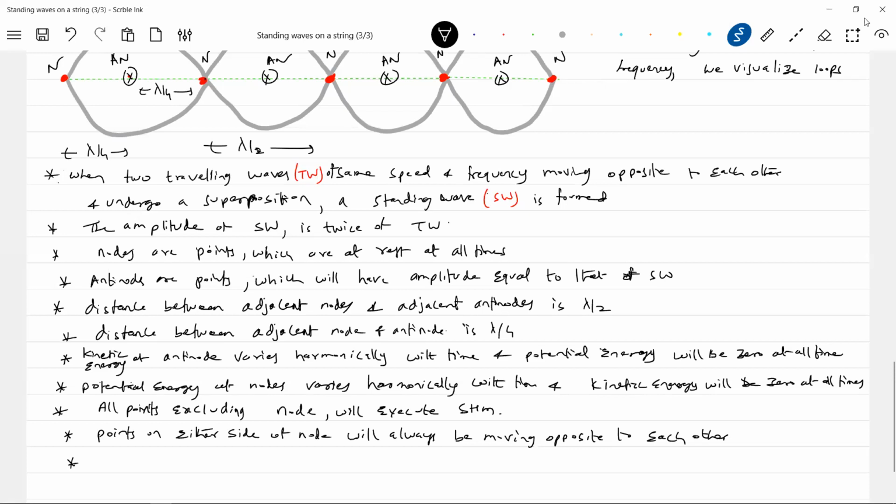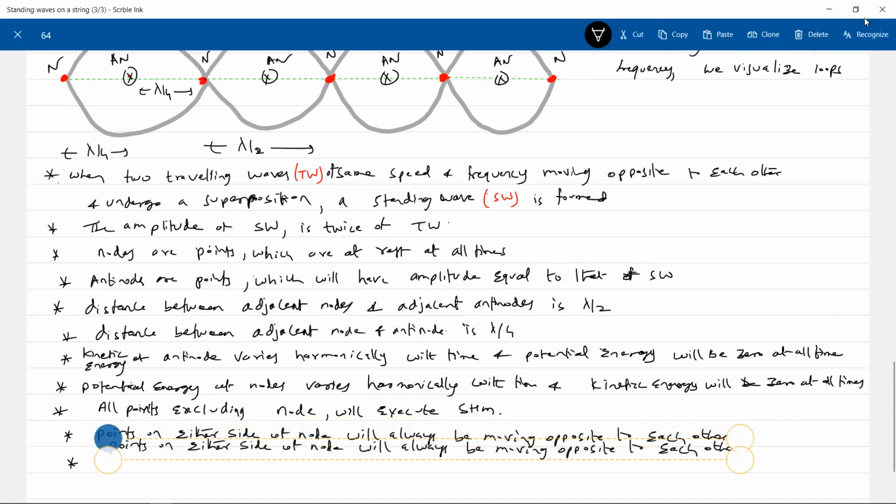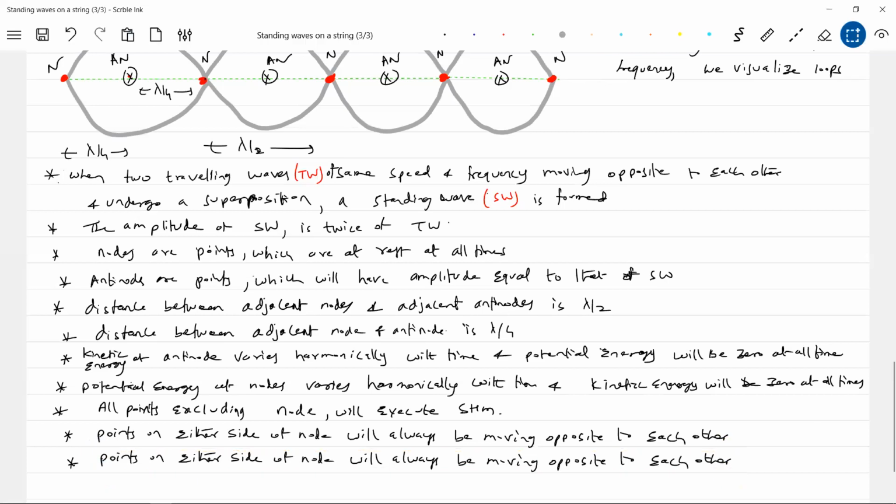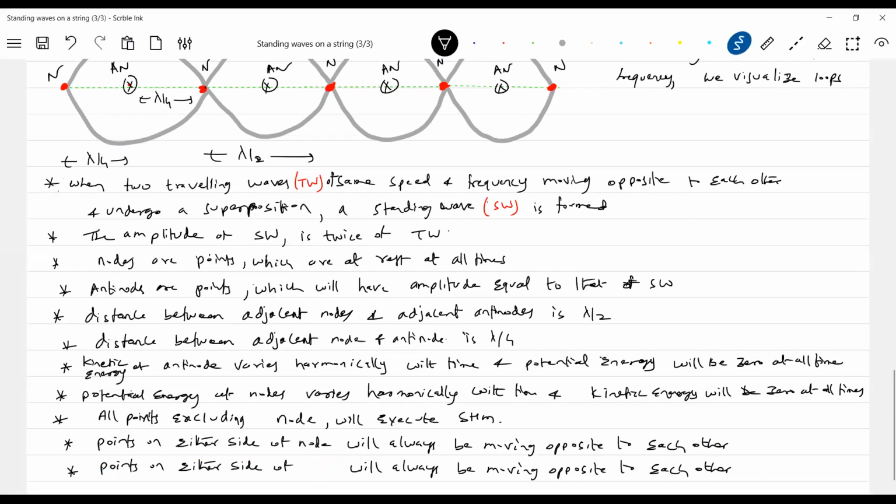Next, points on either side of an antinode will always be moving in the same direction.